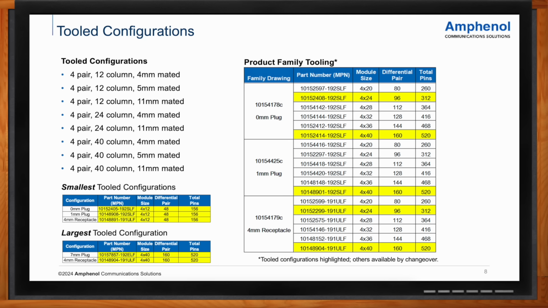And I should highlight that when we tooled this product family, we were looking at it very much like a product family, and we built the tooling to give us the ability to do changeover in the tooling. And typically for a mezzanine connector, it's the housing mold that you're looking at as the defining feature that you need to tool to bring a new configuration to market.